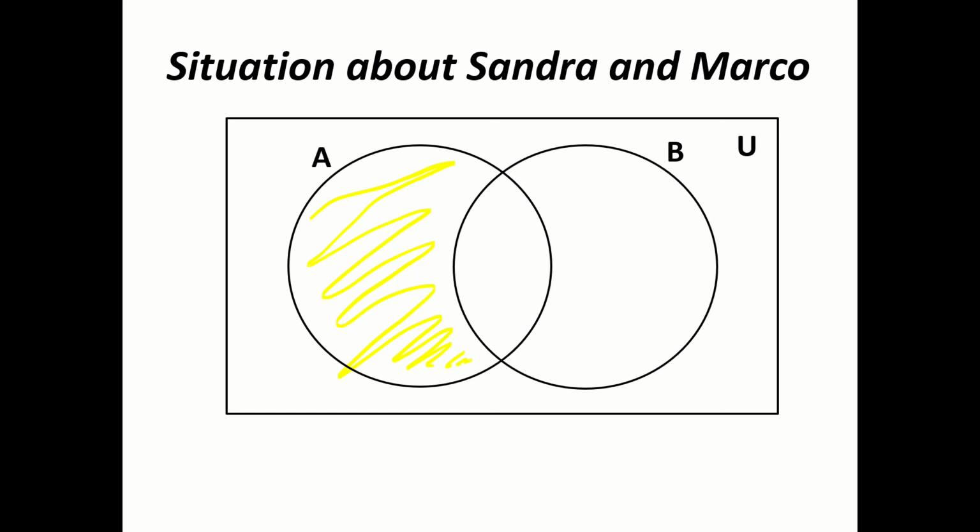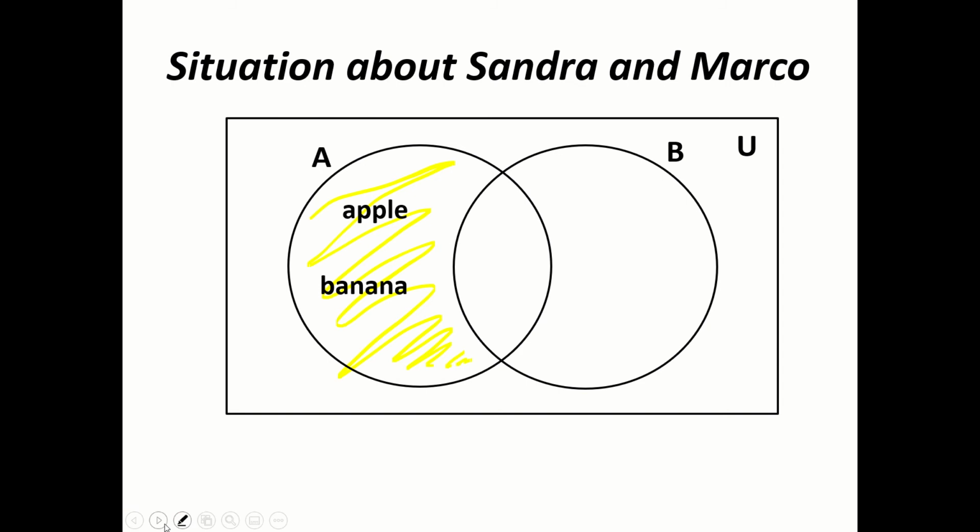In other words, Sandra's favorite fruits only. So we commonly use the word only to indicate that a certain element is not shared in the other set. So for example, Sandra loves apple and banana, but not Marco.